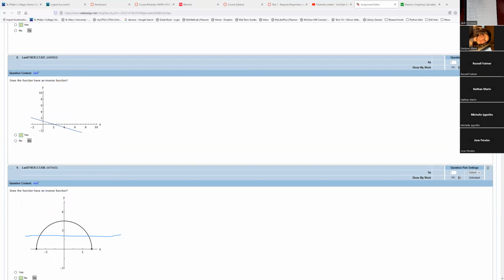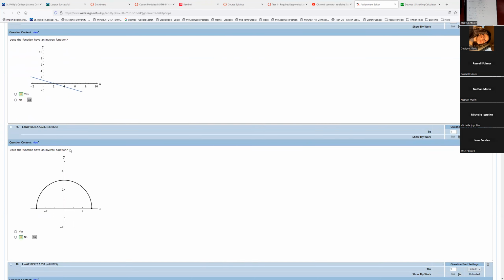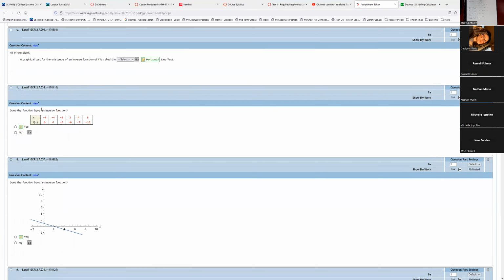So if it hits twice, it is not 1 to 1, which means there is no inverse. It's not going to happen. So you cannot find an inverse of a function if it is not 1 to 1. And 1 to 1 means basically every x has exactly one y for every single x. Okay.